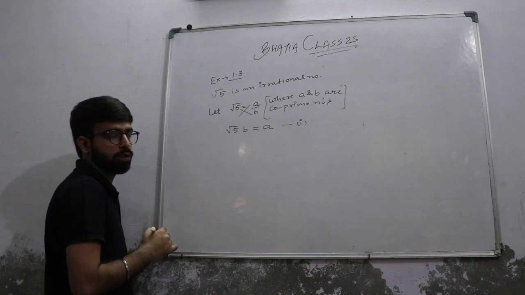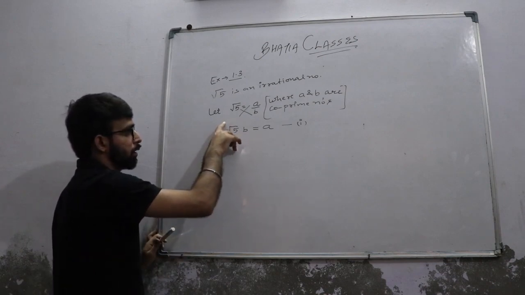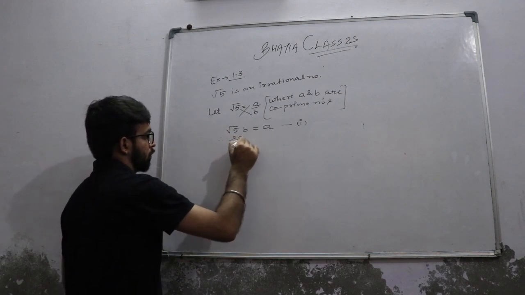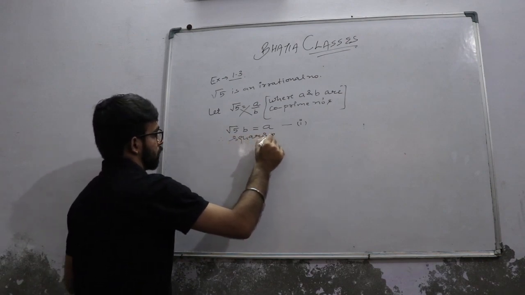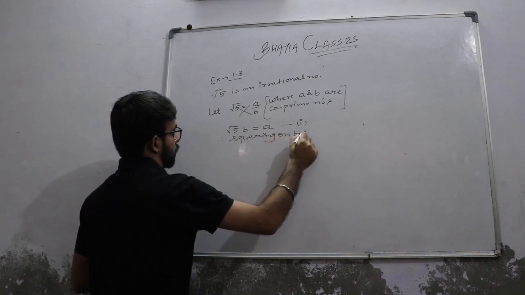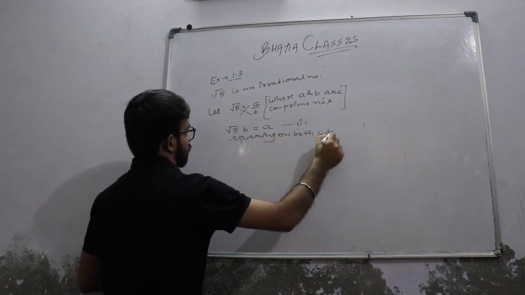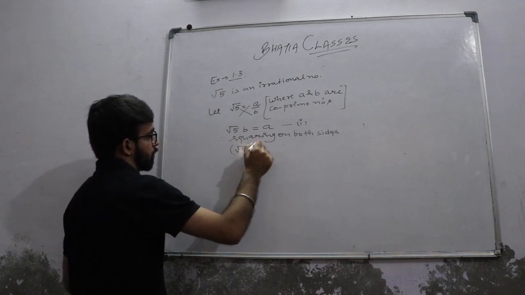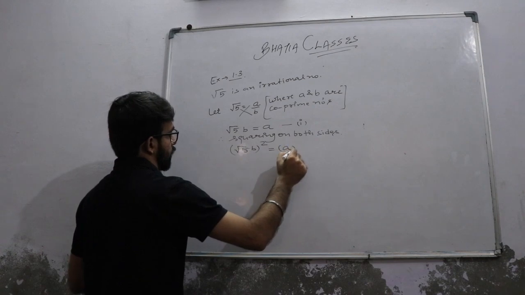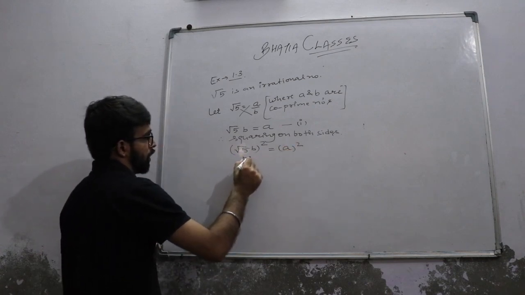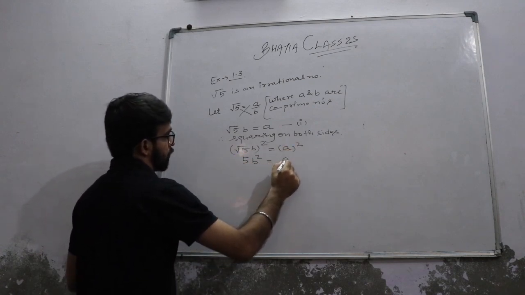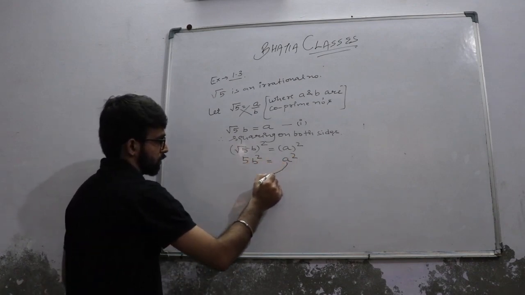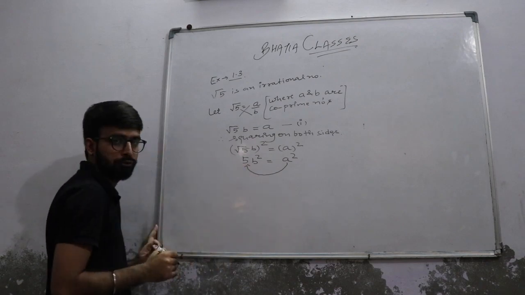So every one of you know that root can only be removed by squaring. Therefore, squaring on both sides. Root 5b square is equal to a square. 5b square is equal to a square. Now you can clearly see a square is multiple of 5.